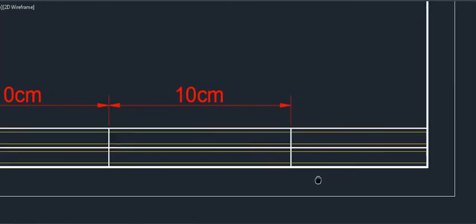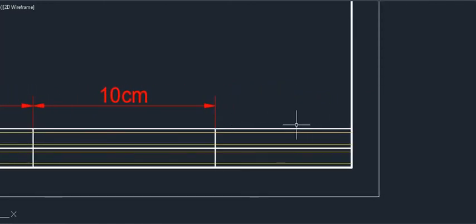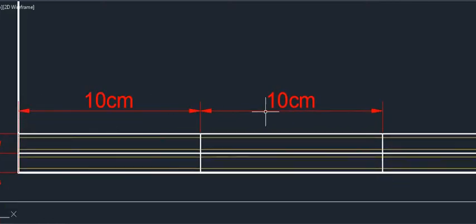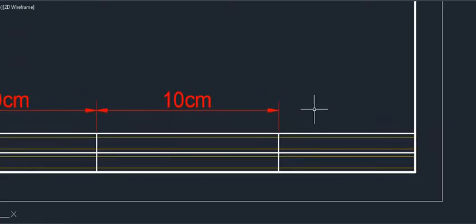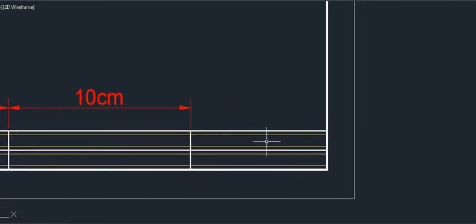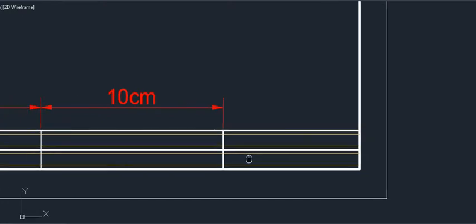So the remaining space will be variable, meaning after having two 10 centimeter boundaries, this space will be intended for our date started and date finished.